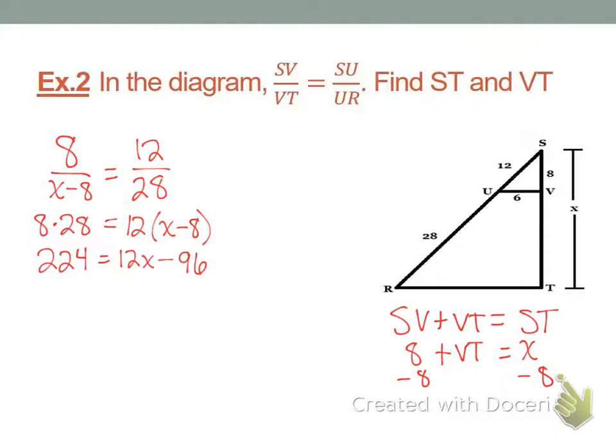How do we keep solving it? Add 96 on both sides. That would give us 320 equals 12x. Last step. Divide by 12. Oh, 320, sorry.